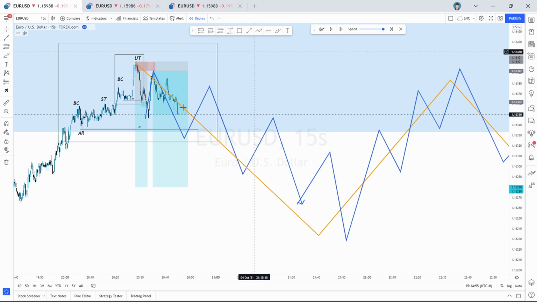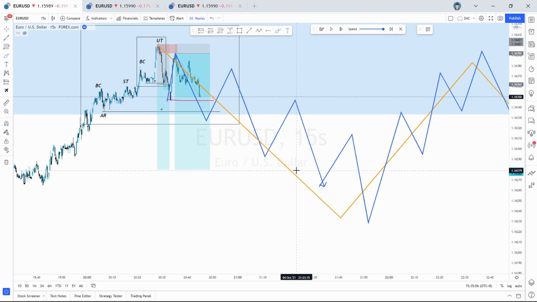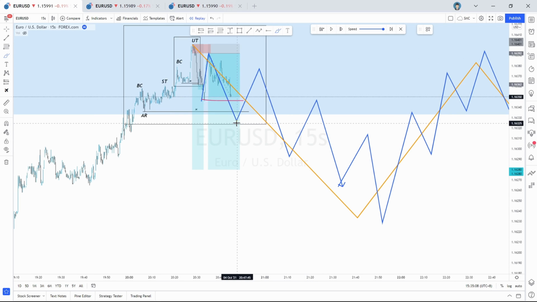Then as soon as price broke this structure point over here, I moved my stop to BE on the second trade. Then as soon as price broke this point here, I moved my stop from this second entry to BE.